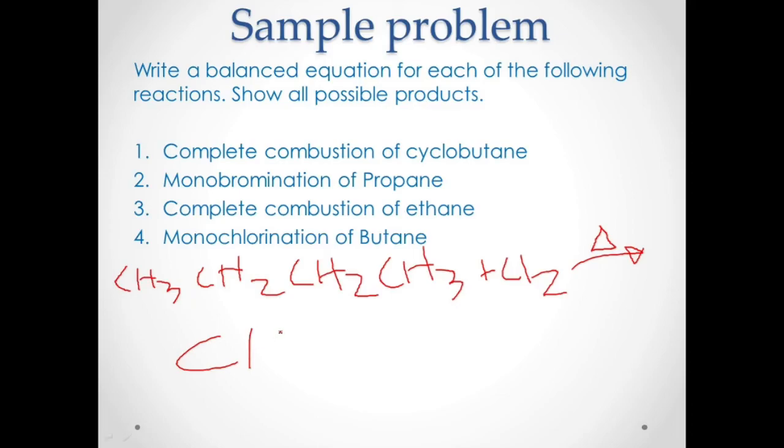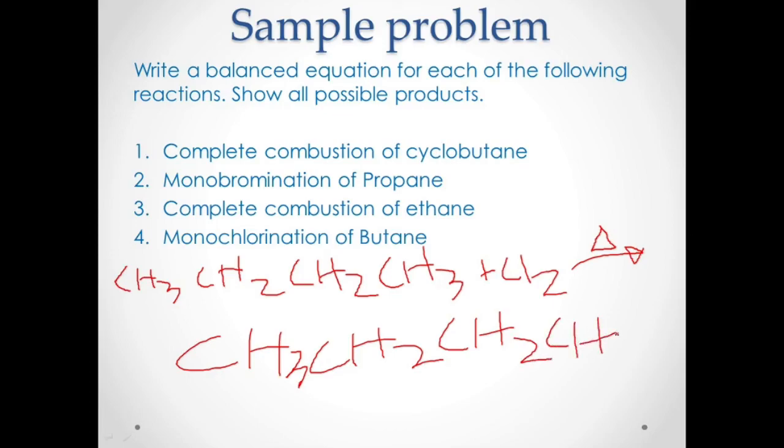So the product would now be 1-chlorobutane, that is CH2Cl on the end.